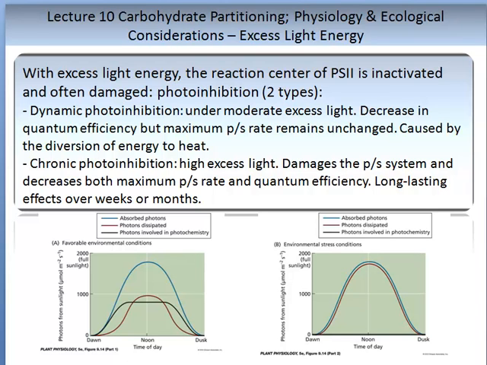It's caused by the diversion of energy to heat. Chronic photoinhibition is where excess light occurs. This damages the photosystem and decreases both maximum photosynthetic rate and quantum efficiency. This is long-lasting and affects over weeks or months.